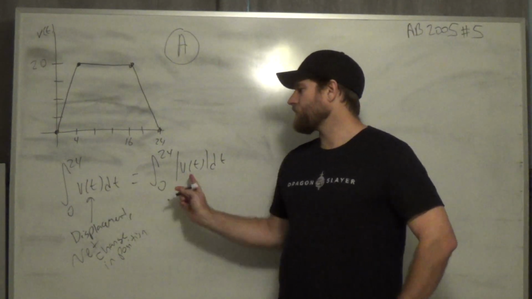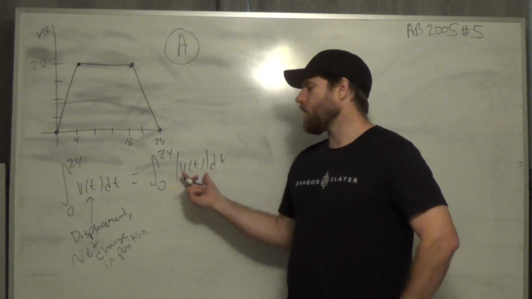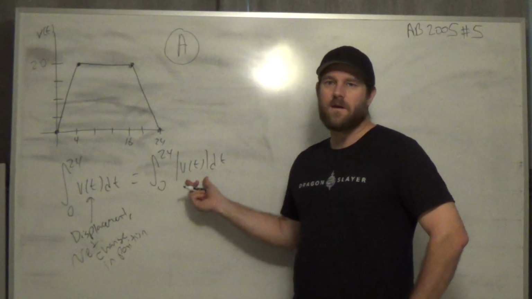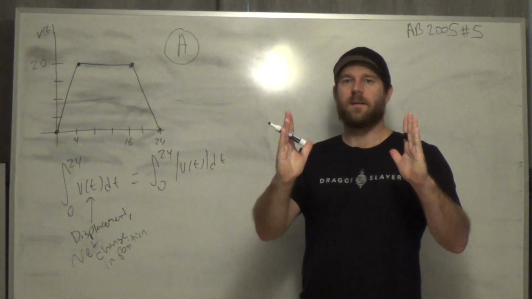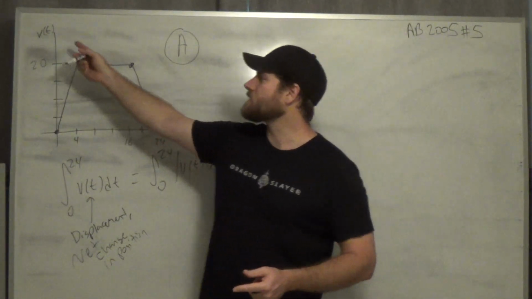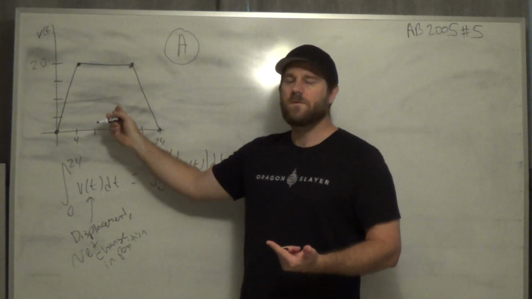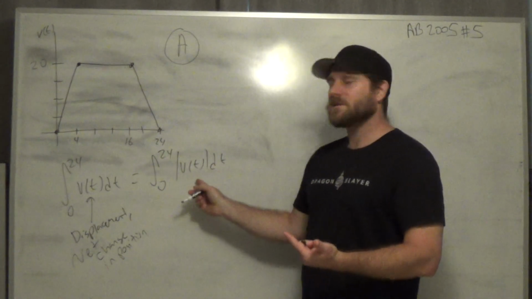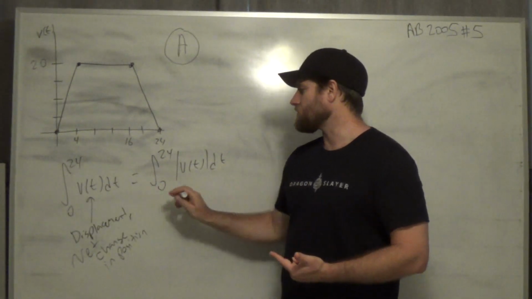What's the only difference between these two? This one will count all negative area. Absolute value makes it positive. But you'll notice here, this is velocity. Velocity is always positive. So if velocity is always positive, this doesn't have a job, and these are the same things.